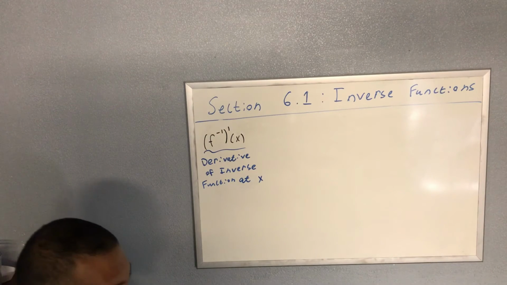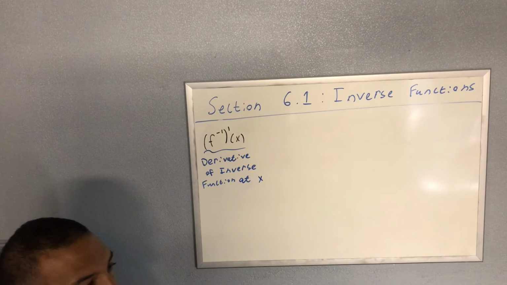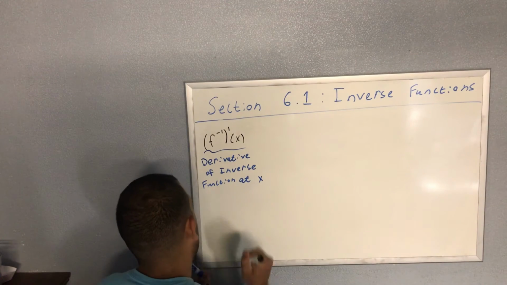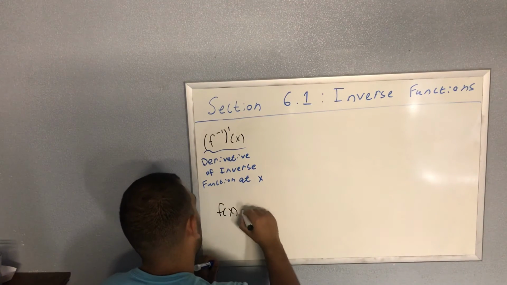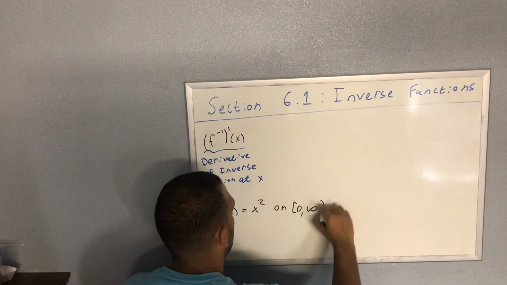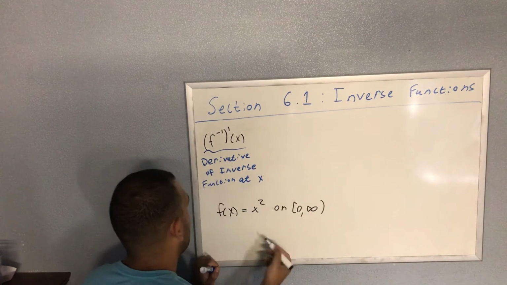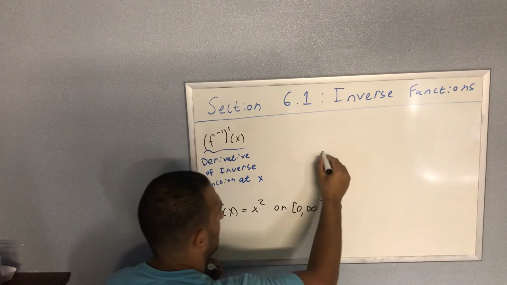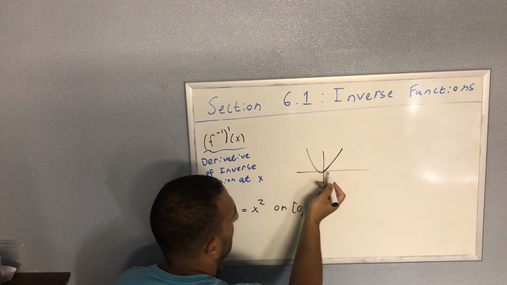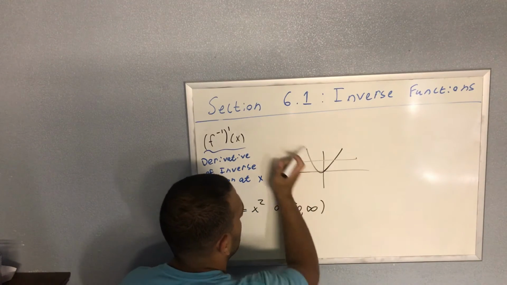One very famous example of an inverse function: think about f of x equals x squared on the interval 0 to infinity. Normally it's a parabola. If you include negative numbers, it won't be one-to-one because it would fail the horizontal line test.